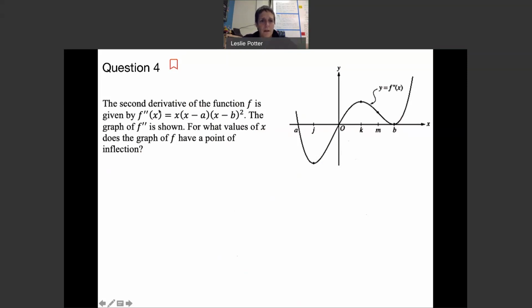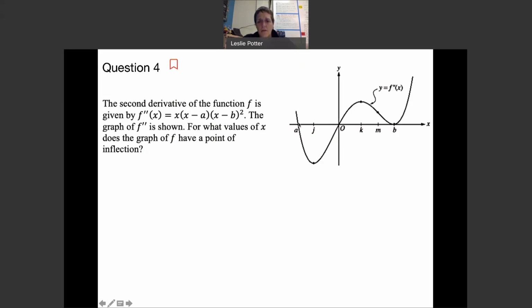Okay, so the stem says a second derivative of a function f is given by f double prime is equal to the product of these factors, x times (x minus a) times (x minus b) squared. The graph of f double prime is shown. For what values of x does the graph have a point of inflection? So we know if this is factored form, then we have zeros at 0, a, and b.